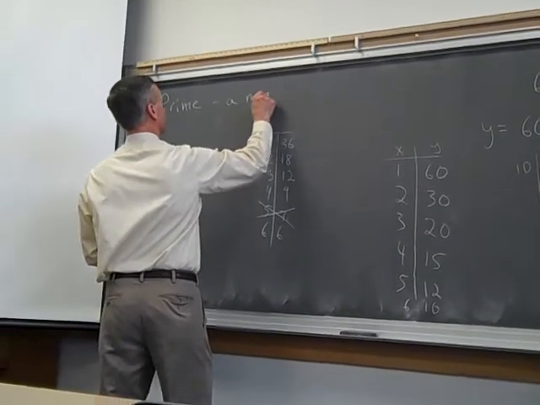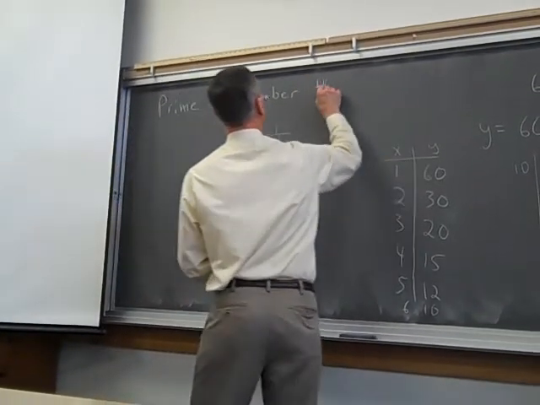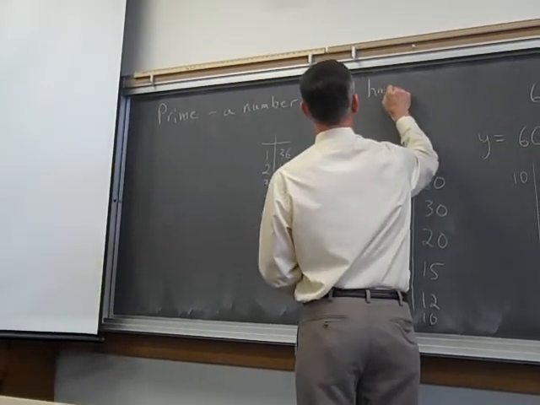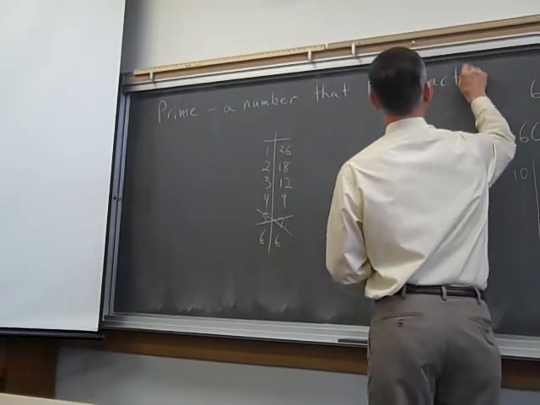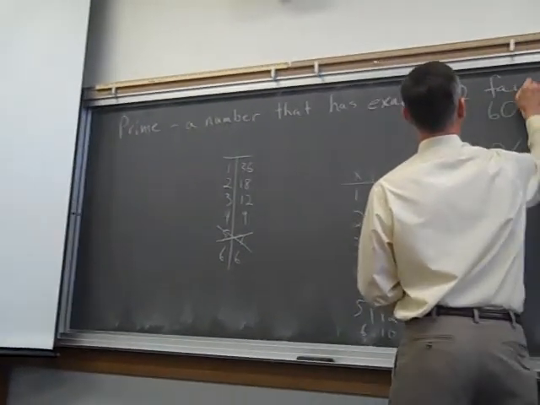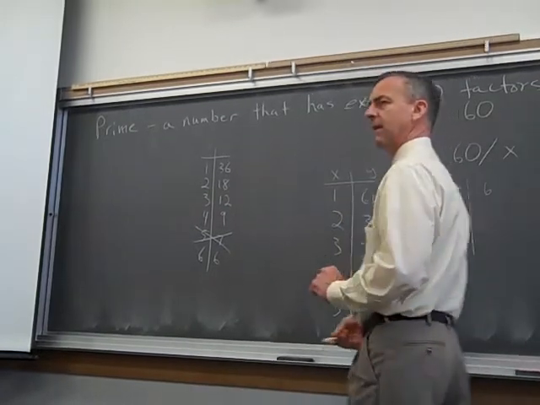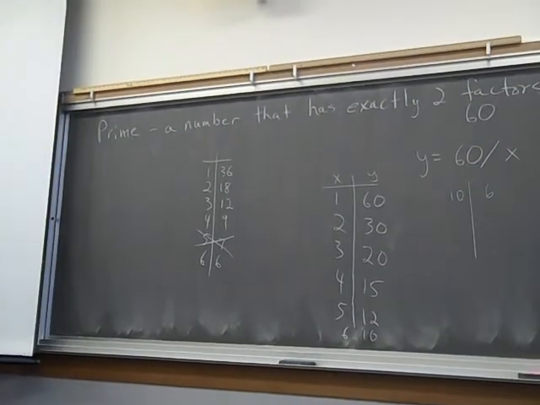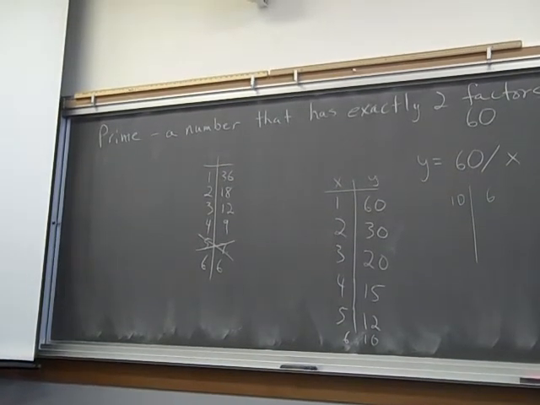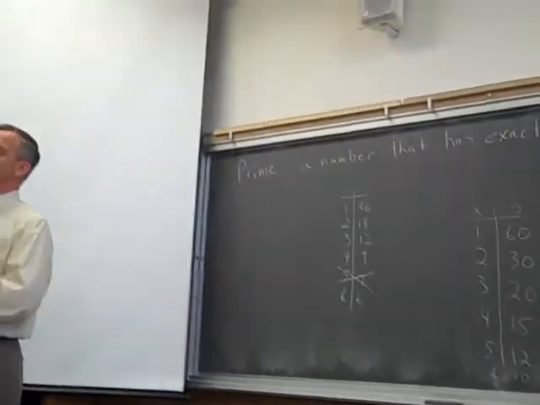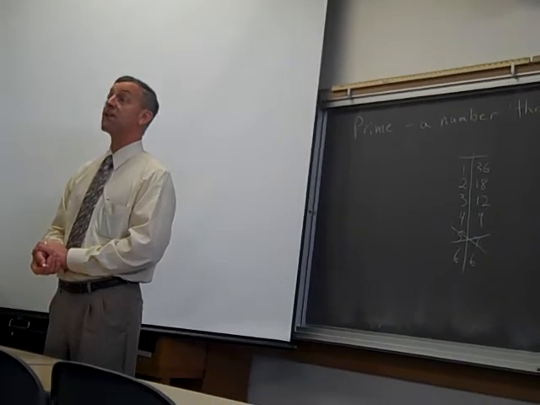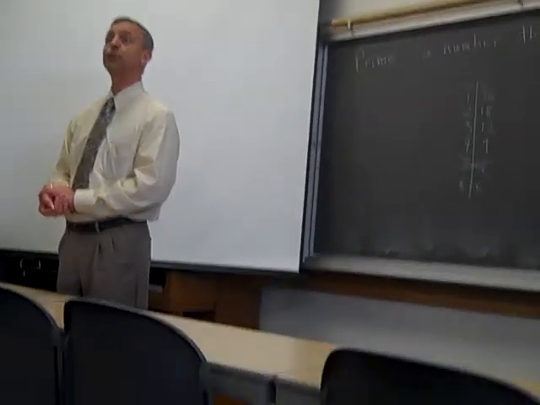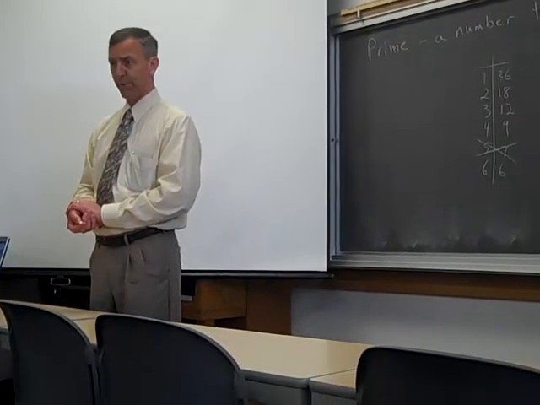A number that has exactly 2 factors. Now does 1 work? Because it has 1, right? In fact, it's the only whole number that has 1. Everything else has 2 or more, right?